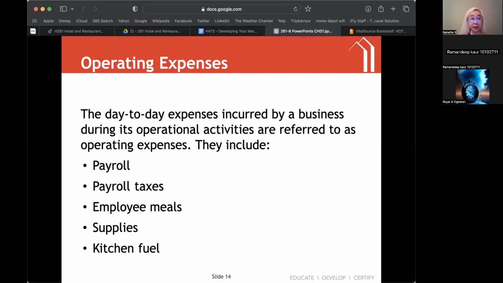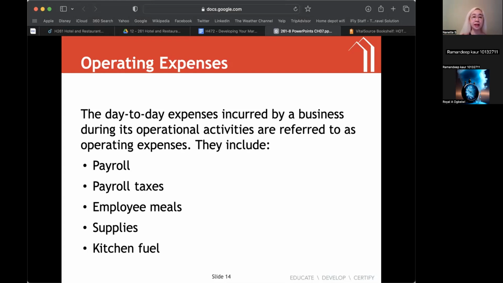All right, so meaning you still need to pay your staff, your workers, even if you don't have a lot of guests or you have more guests. So let's say you have 10 regular staff members, but during lean season, you only have 2 or 3 turnovers.